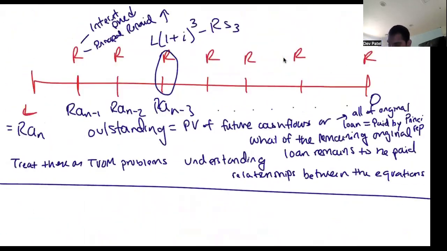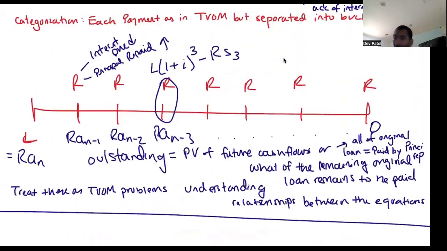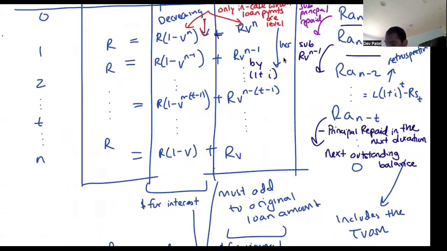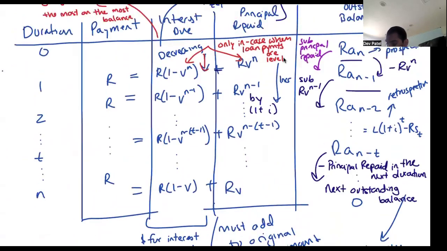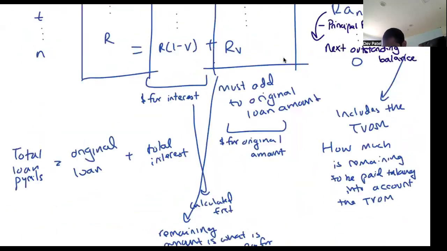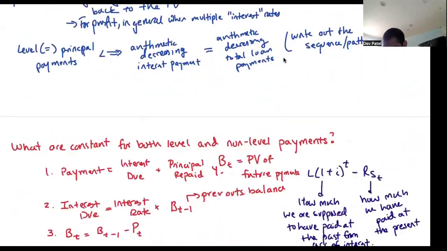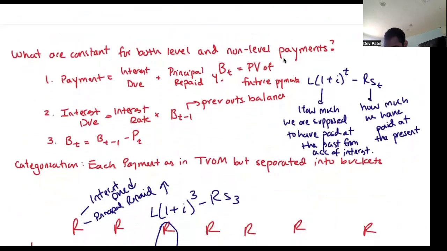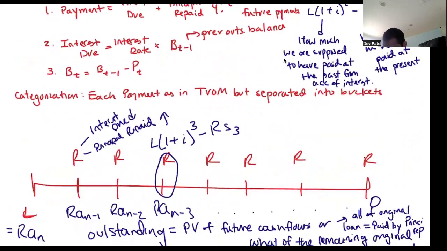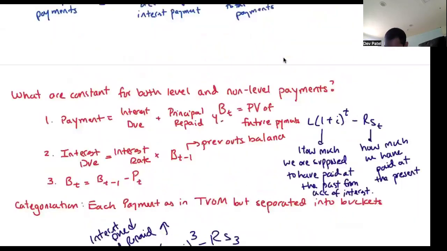And again, at a high level, I really think this comes down to knowing annuities, knowing the relationships between these equations really well, knowing this chart and some of the key fundamental concepts that apply for both non-level and level payments. Once you have a good understanding of that, you will be able to solve any annuities problems. And you really want to break it down into simple versions of the problems that you've seen before. You really want to draw out timelines, draw out time diagrams, especially this chart as well.